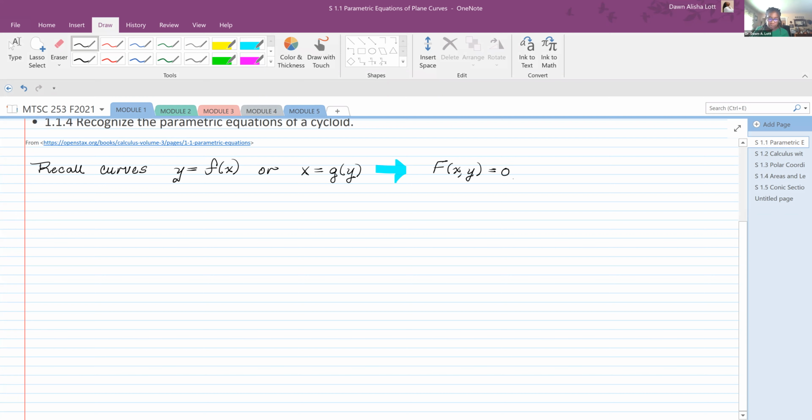All right, so we want to have a parametric equation. So a parametric equation requires a parameter. So for a parametric equation, we get a parameter t.